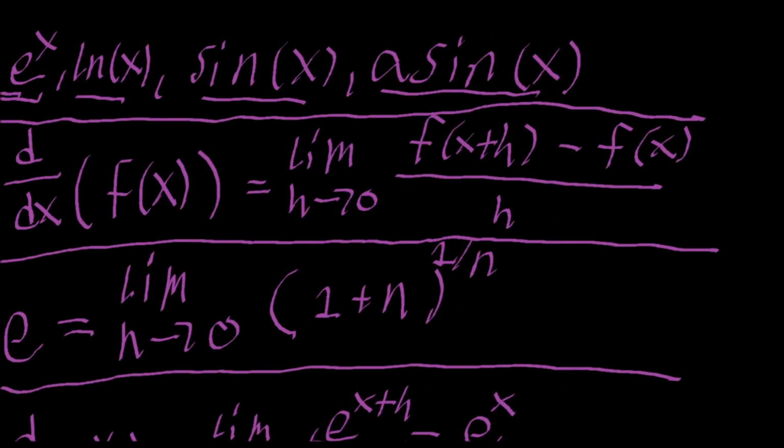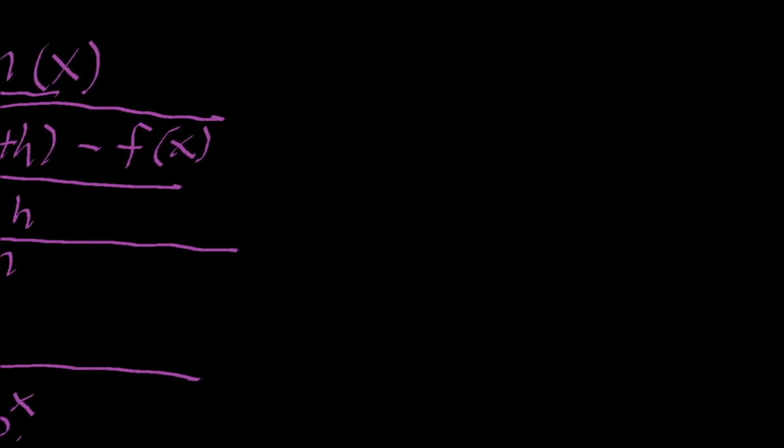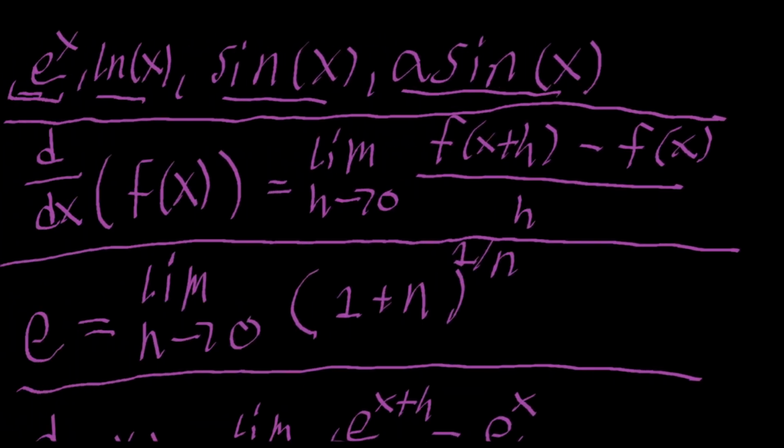And now on to the next function, which was just ln of x. And I think the easiest way to do this is by utilizing the chain rule, logarithm laws, and implicit differentiation.